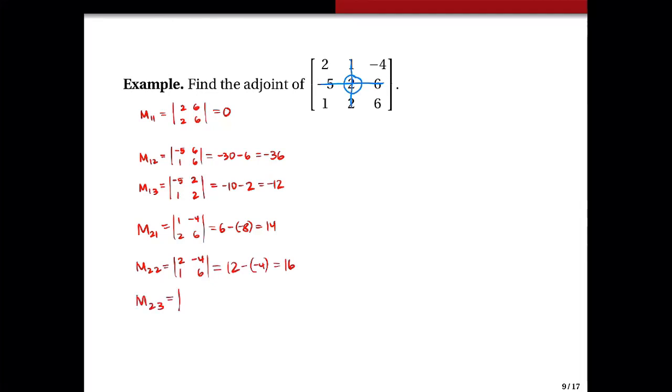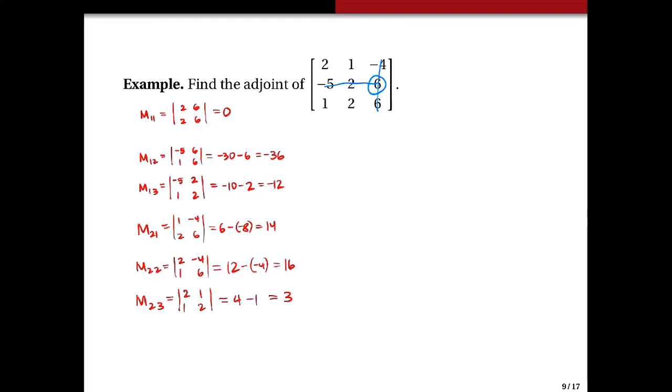And then M23, the 2, 3 entry. We delete this and this. M23 is the determinant of the matrix 2, 1, 1, 2, and this is equal to 4 minus 1, which is equal to 3.